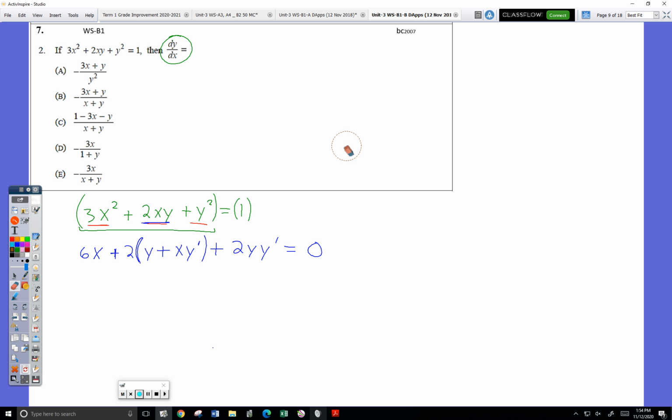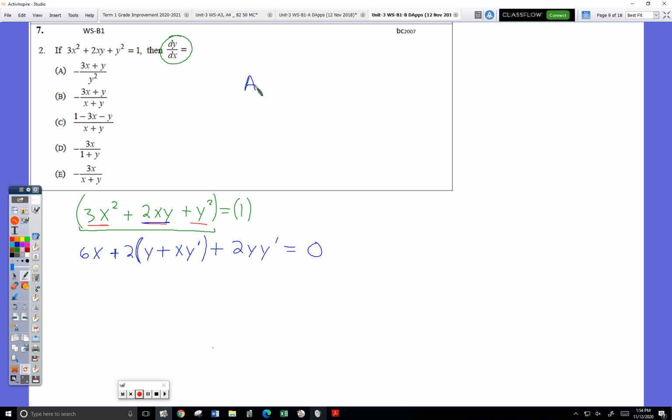So what I mean by that is this. I don't really care that that's 6x. So I'm just going to call it A. Because my goal is to get y prime alone. So all the other stuff doesn't really matter.